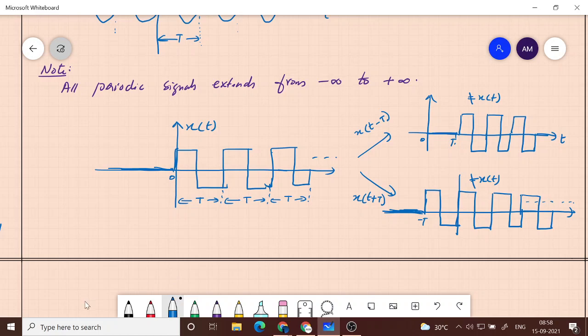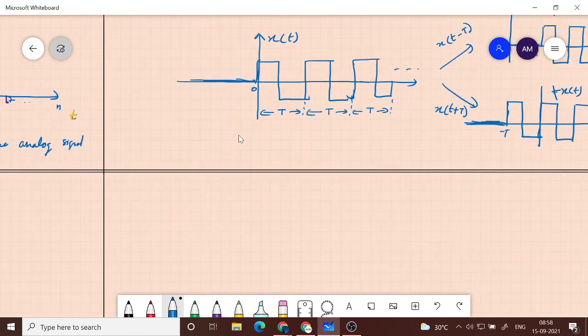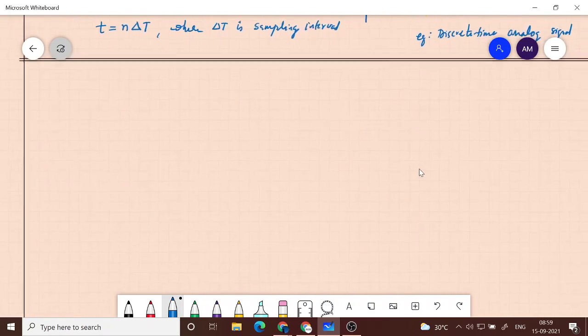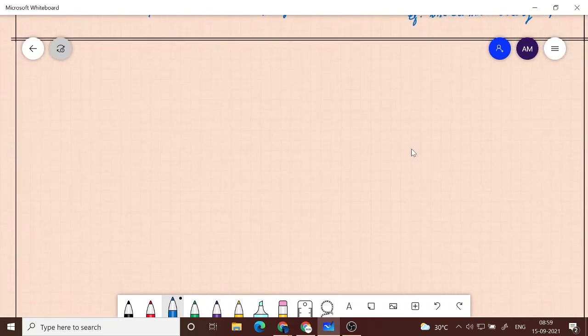Another thing is that all the periodic signals are power signals. They cannot be energy signals, because every period has some finite energy, and since it is repeating from minus infinity to plus infinity, it will have infinite energy. Okay, so that also you can note down.